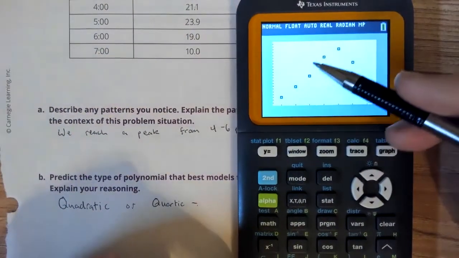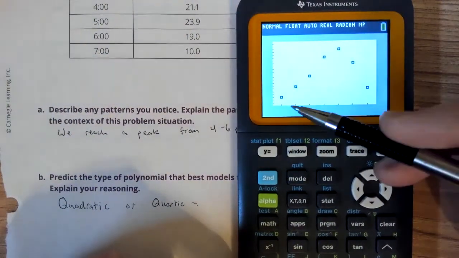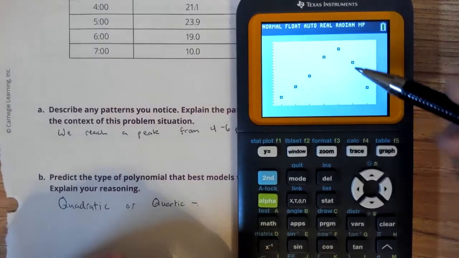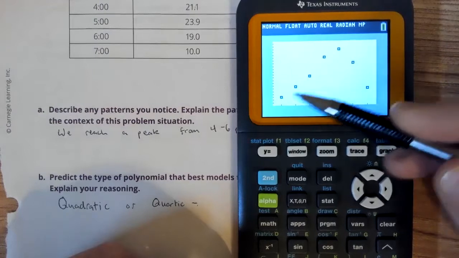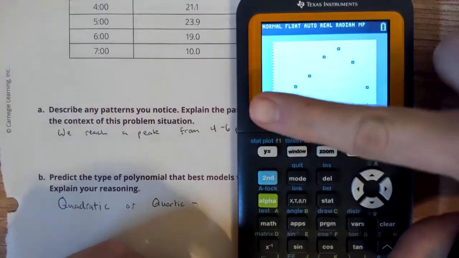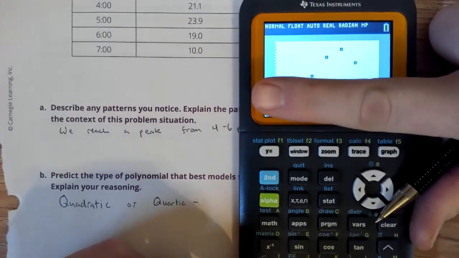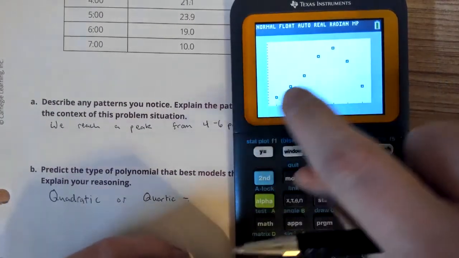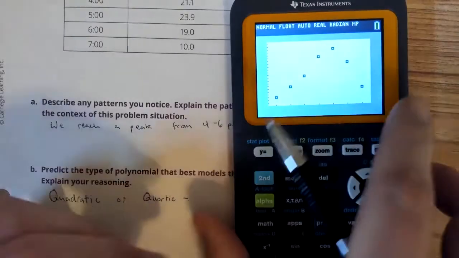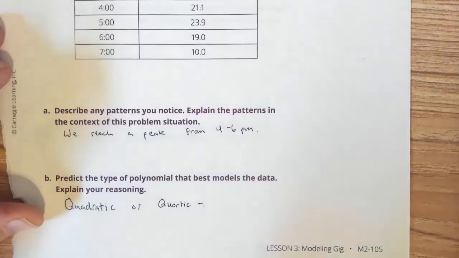I go up and then I go back down. If it was a perfect looking parabola, I would definitely say quadratic, but we've got this weird tail right here. If I just took out those points on the bottom, then I would say absolutely that looks quadratic, just up and down. But this tail makes it look a little weird, right? That's why I think it might be quartic too.